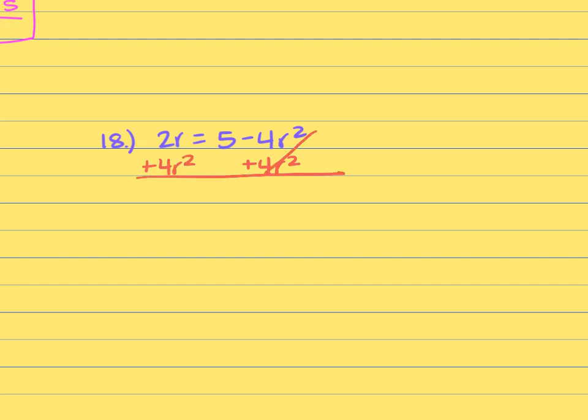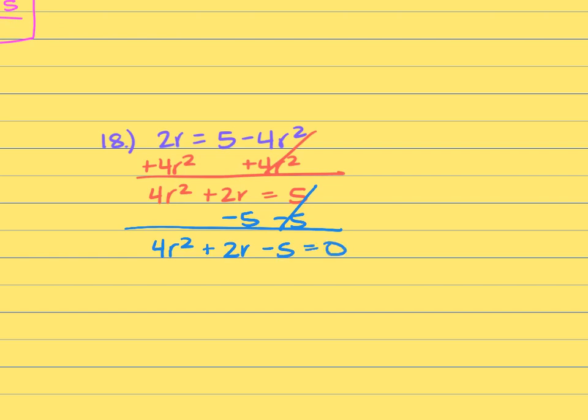I'm going to be left with 4r squared plus 2r is equal to 5. I want to move that 5 over by subtracting it as well. So we have 4r squared plus 2r minus 5 is equal to 0. My a is 4, my b is 2, my c is negative 5.